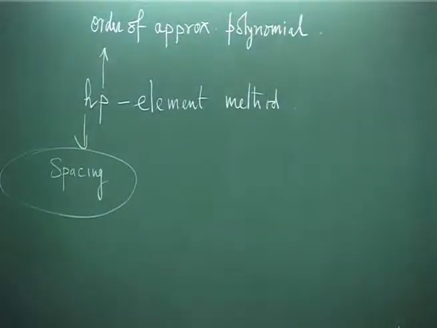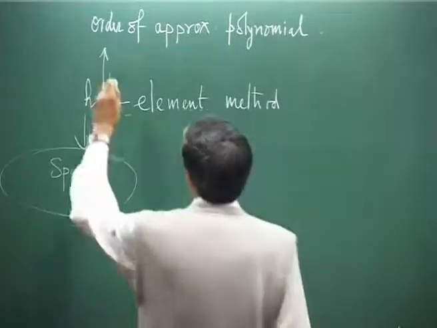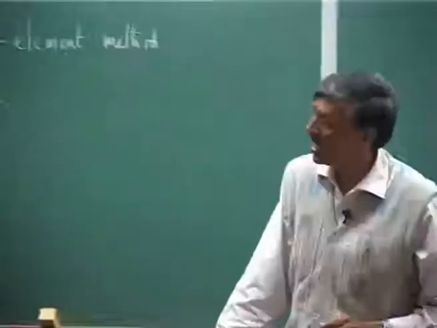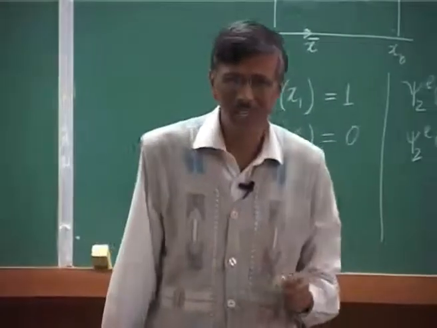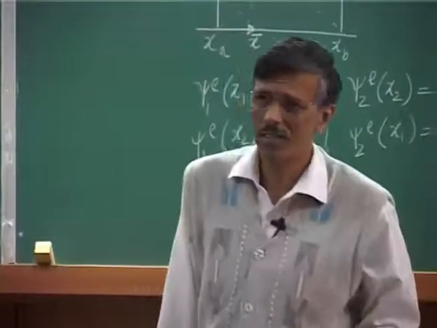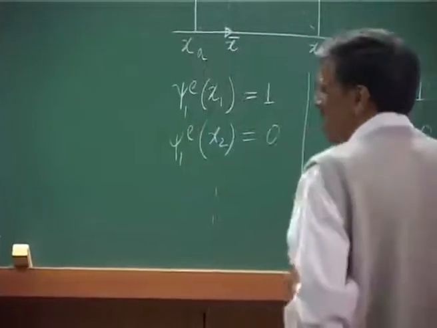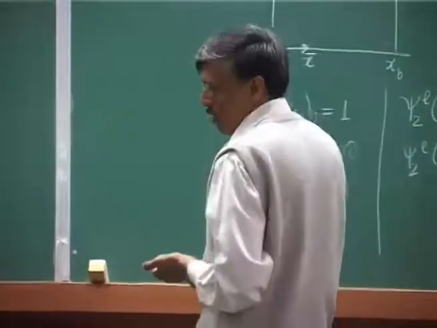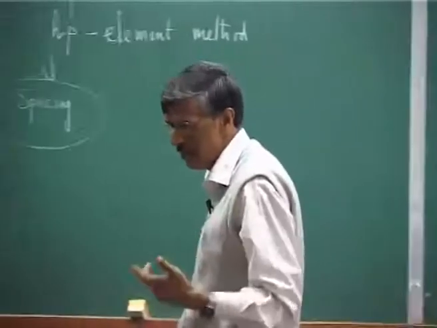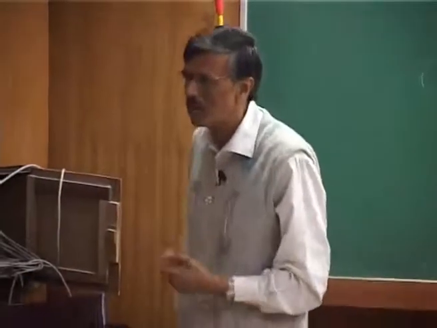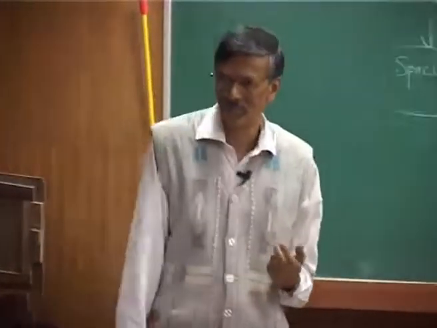However, to claim that increasing the order of the approximating polynomial will also increase the accuracy is a subject of further investigation. One of the reasons that I bring this subject up is basically to highlight from what we have done in this whole semester.